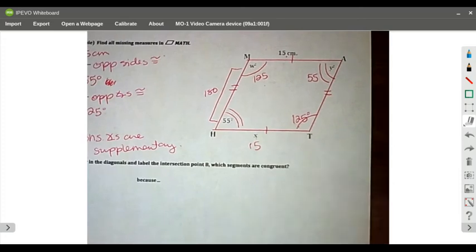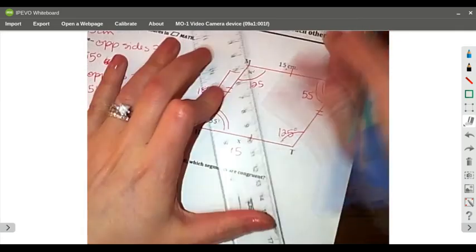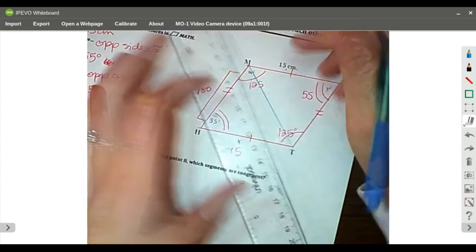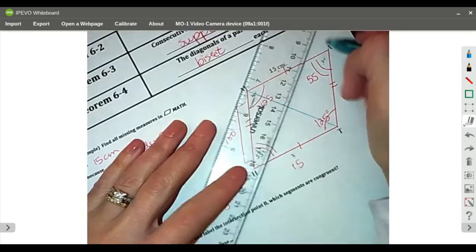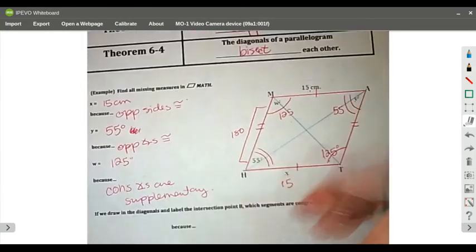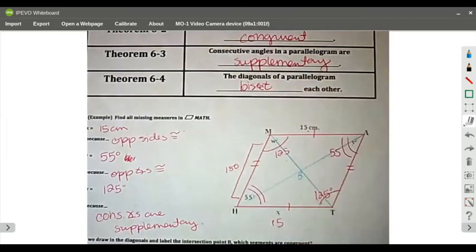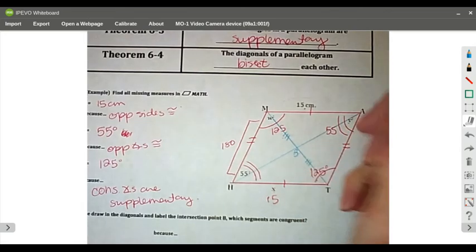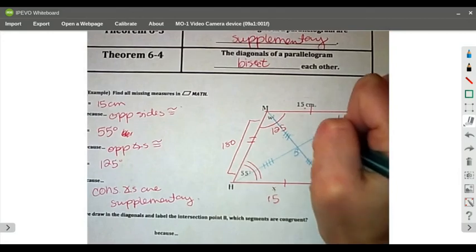Okay, if we draw in the diagonals and label the intersection point B, which segments are congruent? So I'm going to draw them in with a different color, so they'll blend in. If I were to draw in the diagonals here and label the intersection B, I said in this last theorem, the diagonals bisect each other. So that would make MB congruent to BT, and then HB congruent to BA.